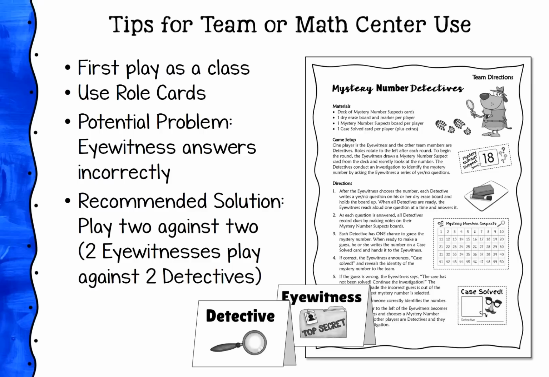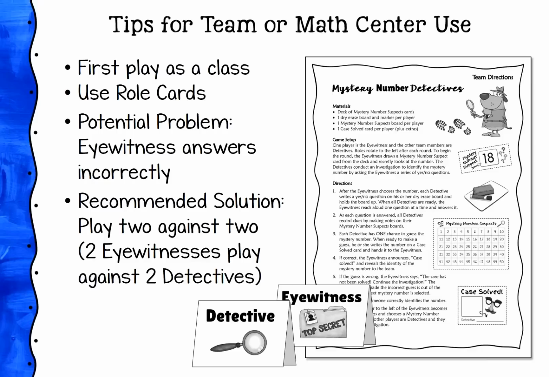Now, here's the problem with this game. If the eyewitness doesn't know the math vocabulary terms inside out, upside down, every which way, they are likely to answer a question wrong. So if the detective says, is it a prime number? And let's say it was my number 45, and they say, yes. Okay, well, 45 is not a prime number.